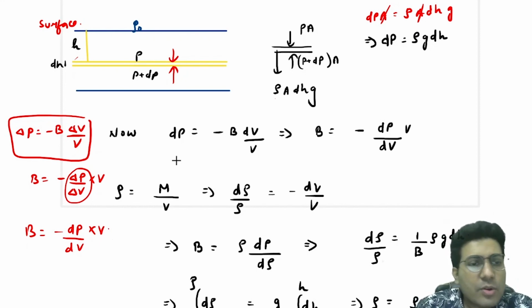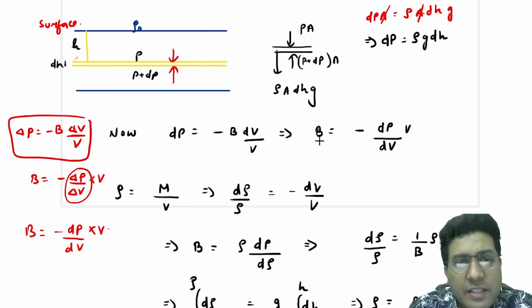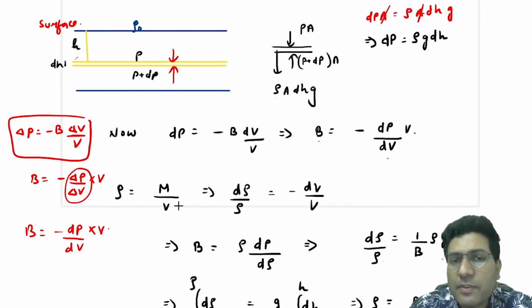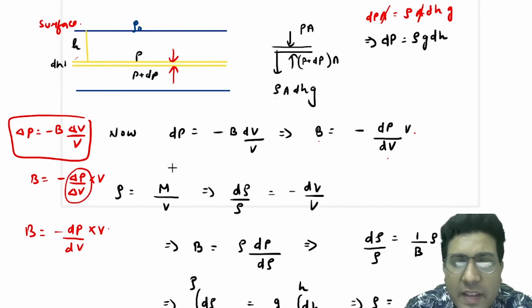So you can write B is equal to minus dP by dV into V. Also you know that density is mass upon volume. Mass is a constant, but density is varying because volume is varying, right?